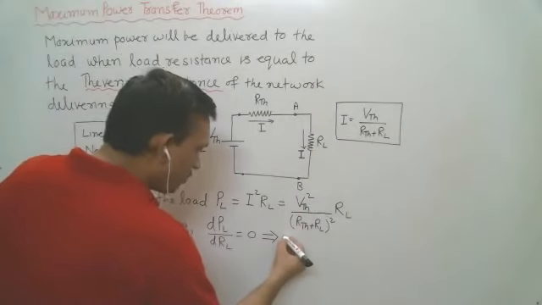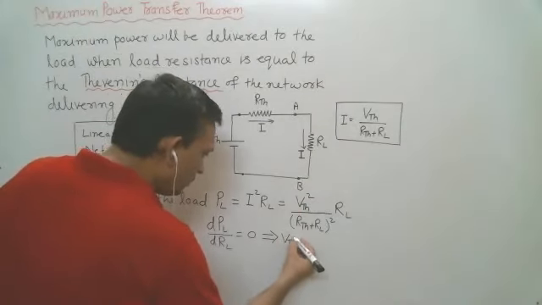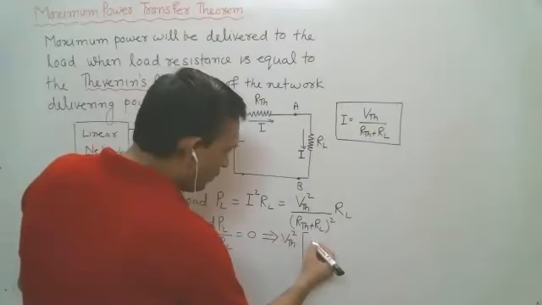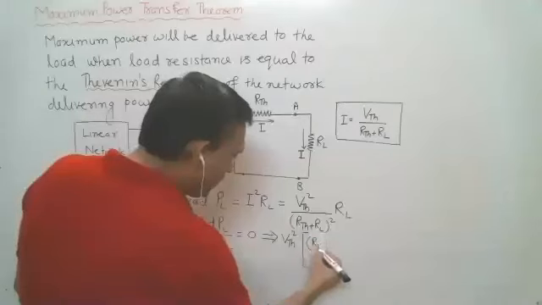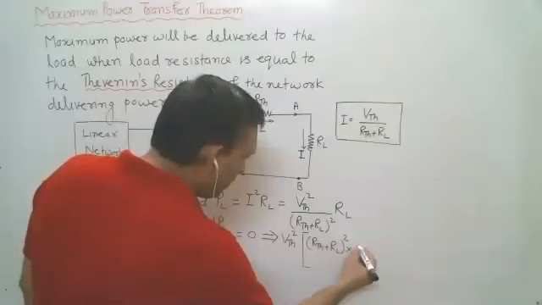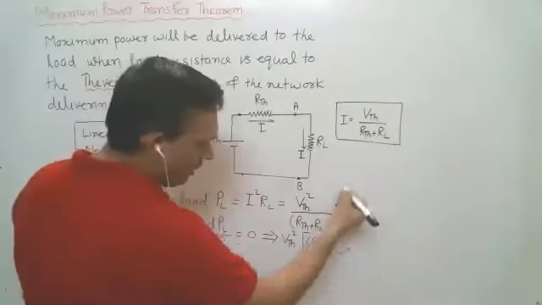So this VTH square is common here. So you will get RTH plus RL whole square into 1, numerator and denominator.